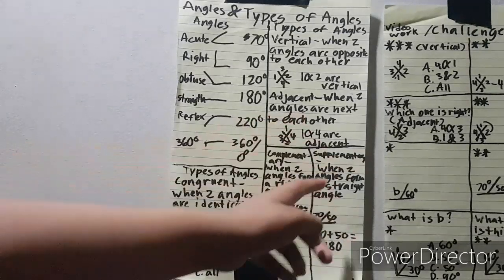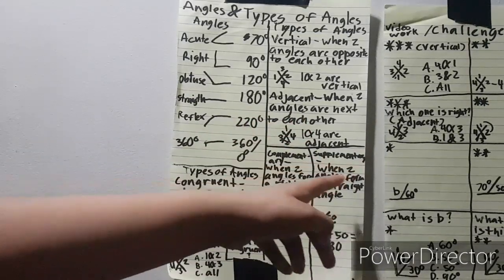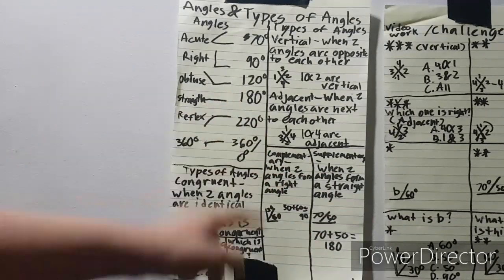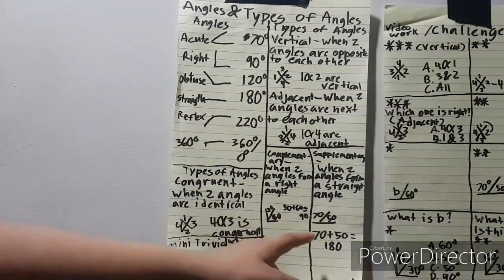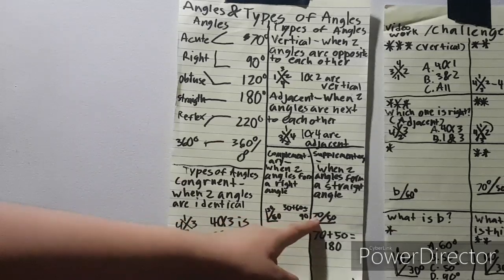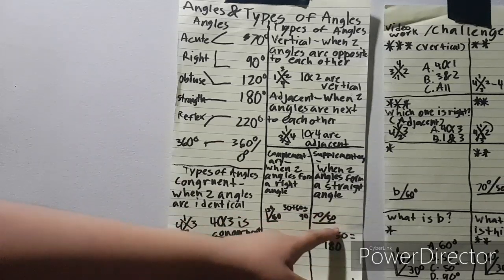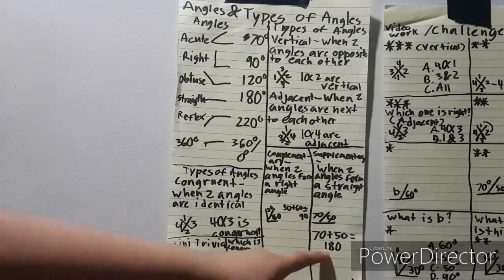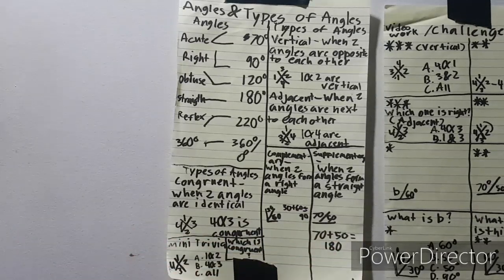For supplementary, it's when two angles add up into a straight angle or 180 degrees. From here, you can see there's a 70 degree angle and a 50 degree angle. When we add them up, we get 180. So now we already learned all of the lessons. Let's have a little bit of review trivia.